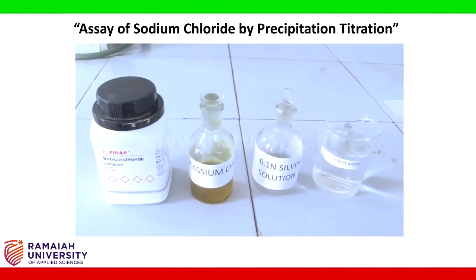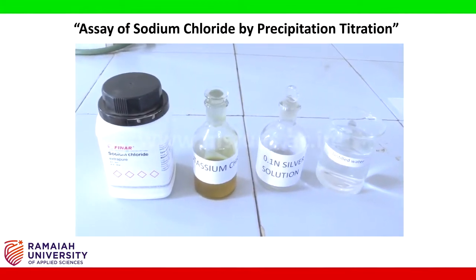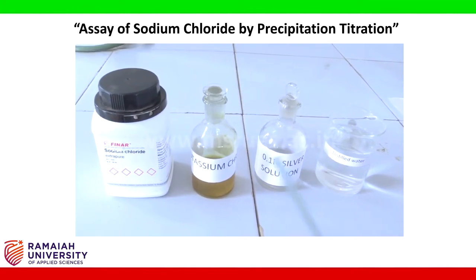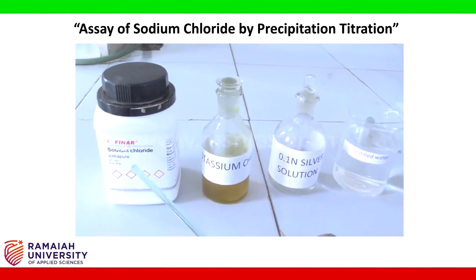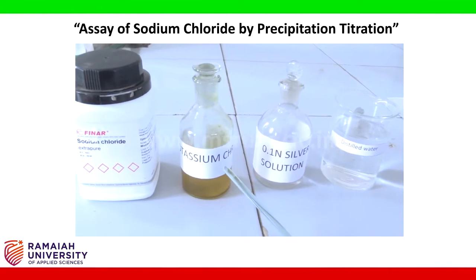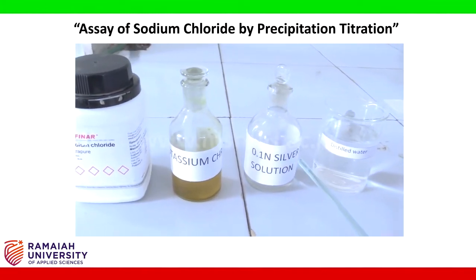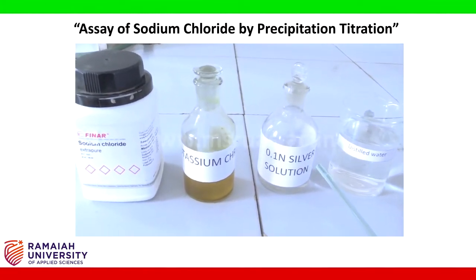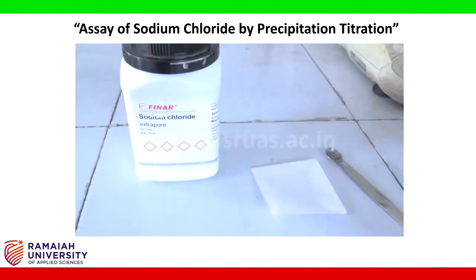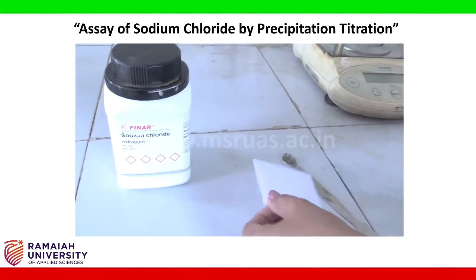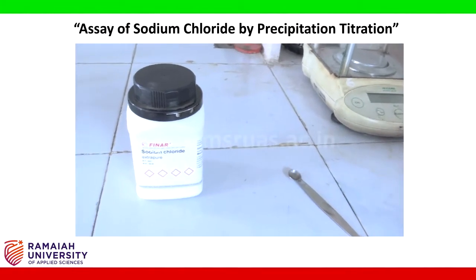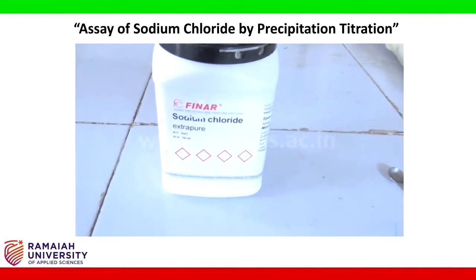In standardization of 0.1 normal silver nitrate solution, the chemicals required are sodium chloride, potassium chromate, 0.1 normal silver nitrate solution, and distilled water. Using butter paper, weigh 0.5845 grams of sodium chloride.